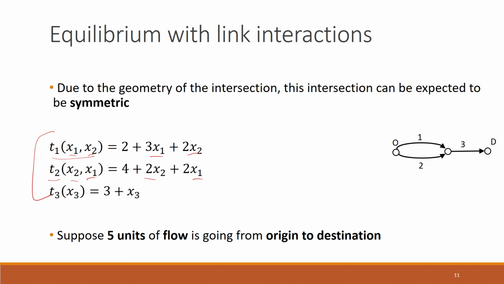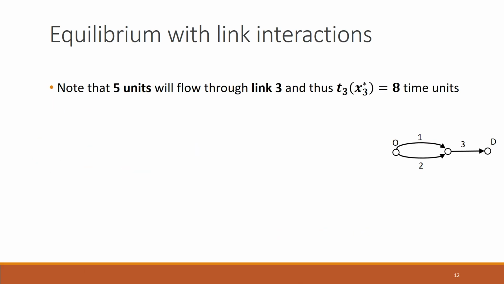And suppose it is given to us that 5 units of flow are going from origin to destination. Okay. Now we know that whatever flow wants to go from O to D, all of that will have to pass through link 3. So, the flow through link 3, that is x3, will be equal to 5.